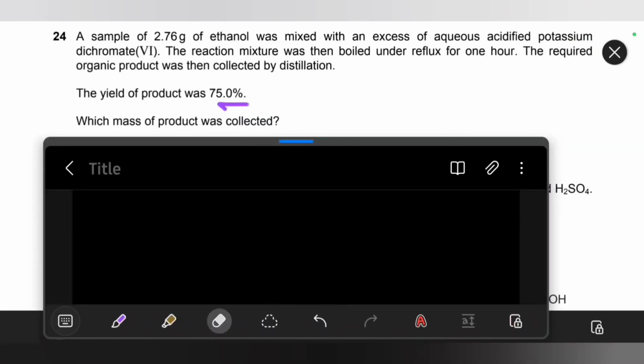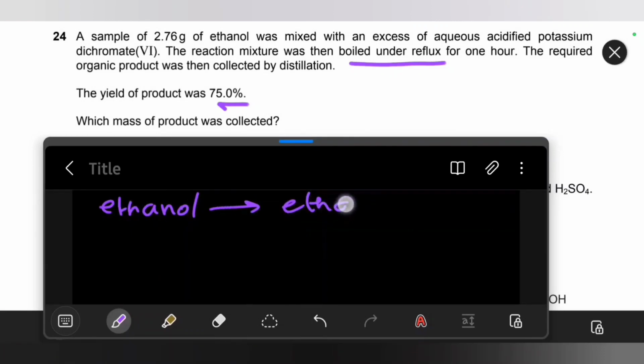For this question, we know that the oxidation with conditions of heating under reflux or boiling under reflux will give us ethanoic acid. So ethanol to ethanoic acid.